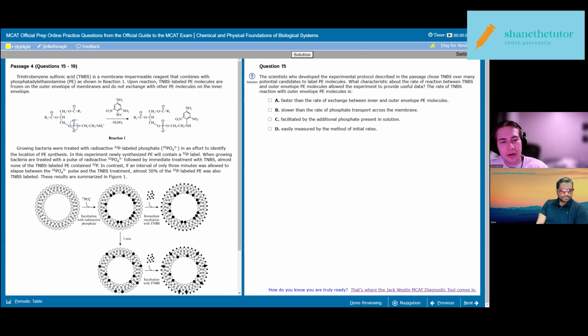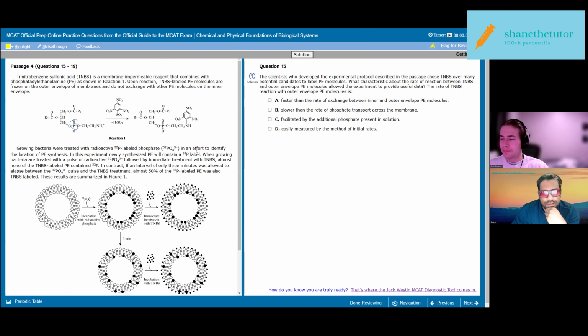When growing bacteria are treated with a pulse of radioactive phosphate, followed by immediate treatment with TNBS, almost none of the TNBS labeled PE contained phosphorus label. In contrast, if an interval of only 3 minutes was allowed to elapse between the phosphate pulse and TNBS treatment, almost 50% of the P labeled PE was also TNBS labeled.